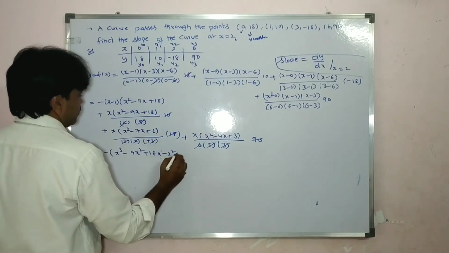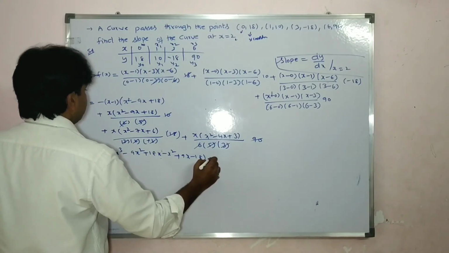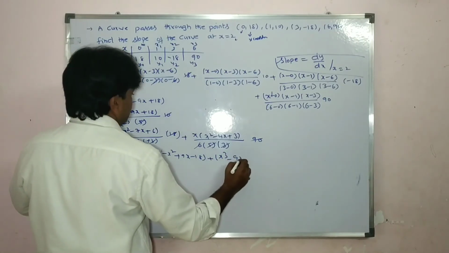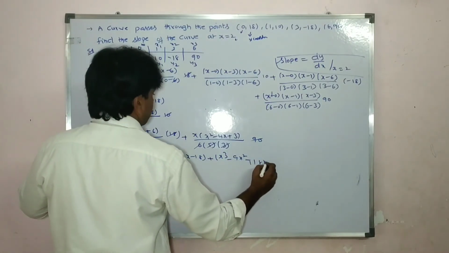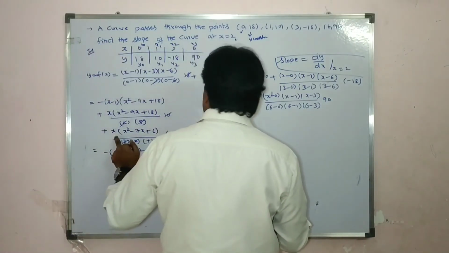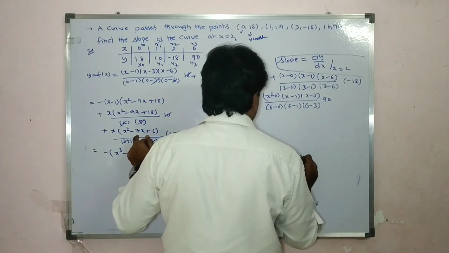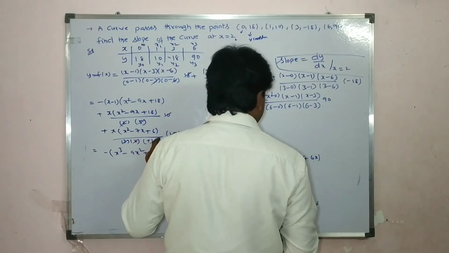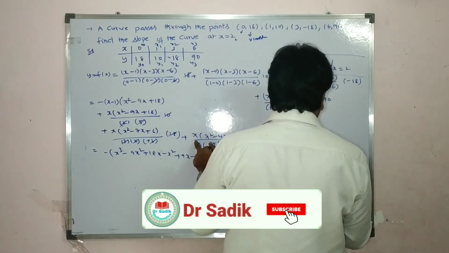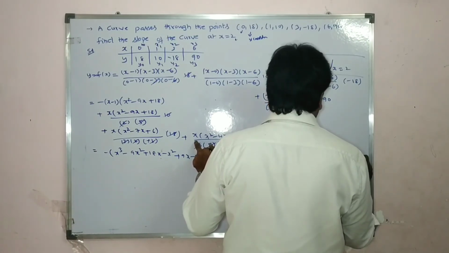So we get minus x square plus 9x minus 18, plus multiply with x here, x cube minus 9x square plus 18x, plus here multiply with x, plus x cube minus 7x square plus 6x, plus here also multiply with x. So x cube minus 4x square plus 3x.